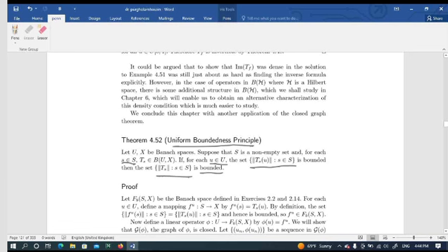If for each u in U the set of all norms of Ts u for all s in S is bounded, then this set is bounded too.